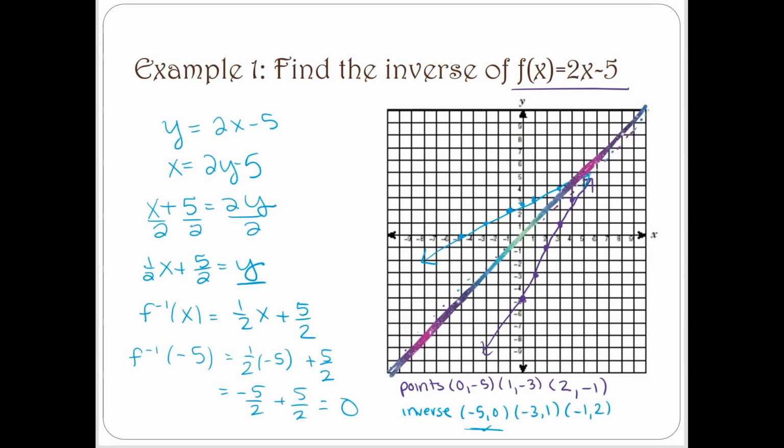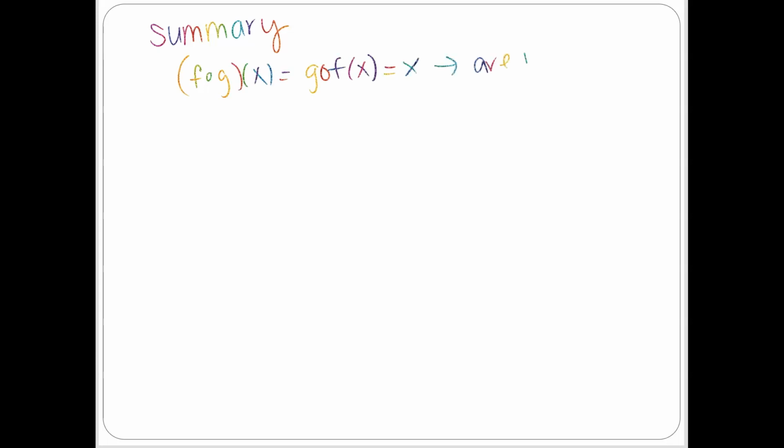So that kind of leaves us at a summary standpoint. To summarize, our big ideas are: if f of g of x equals g of f of x equals x, then they are inverses.